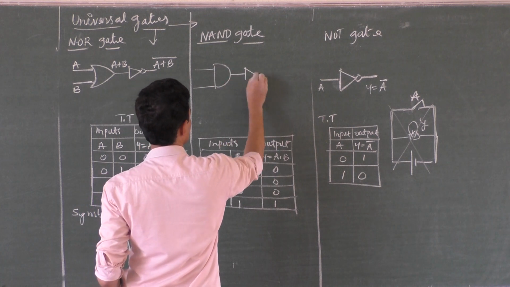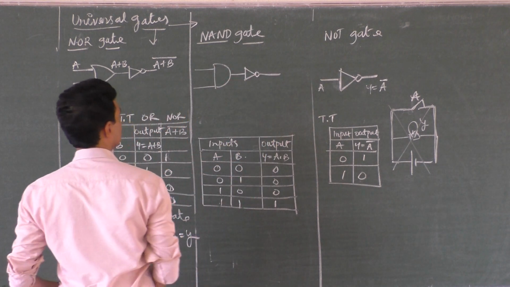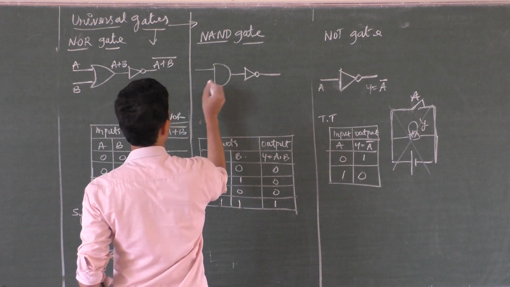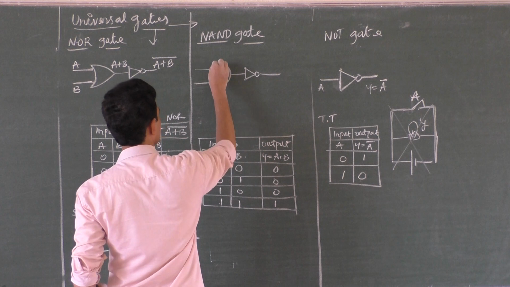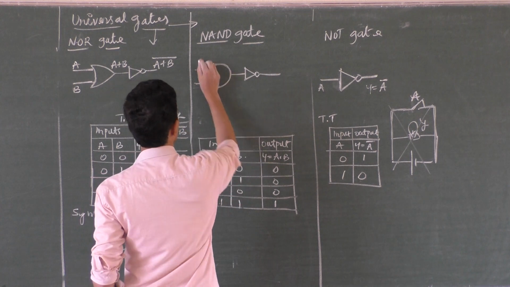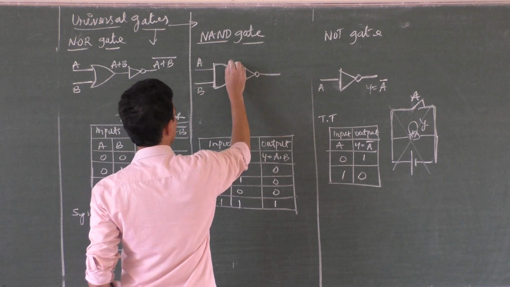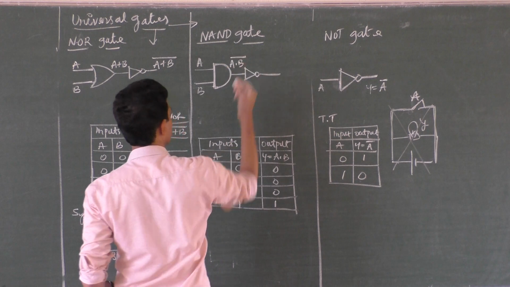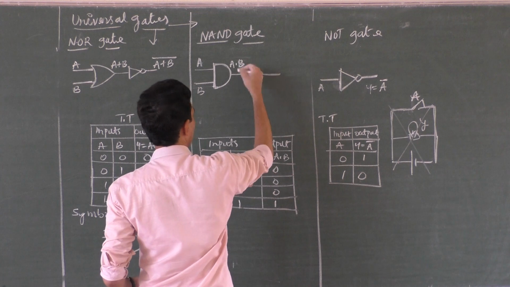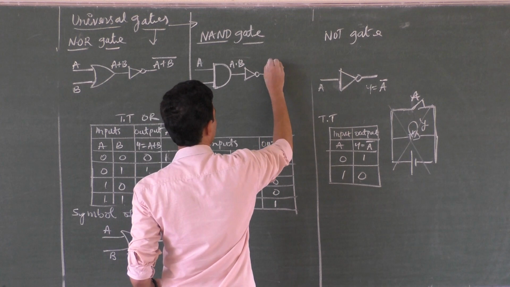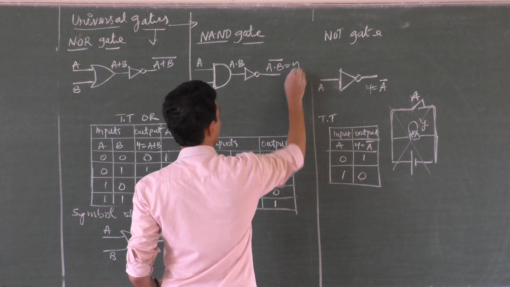Connect a NOT gate to this output and you will get the NAND gate. These are the inputs A, B, and the output is A dot B bar.